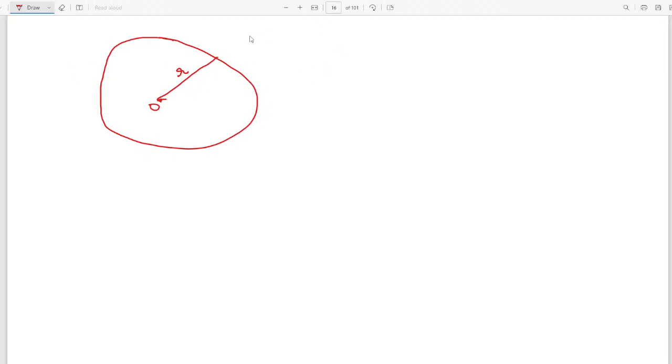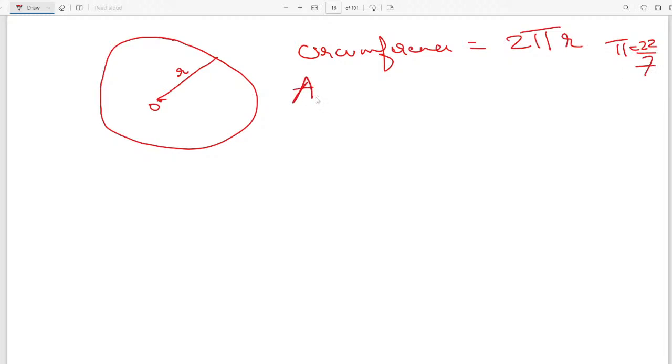In this case, we have certain metrics here. The length of this circle, I mean the circumference, is equal to 2 pi r, where pi can be written as 22 by 7, and the area of the circle is equal to pi r square.